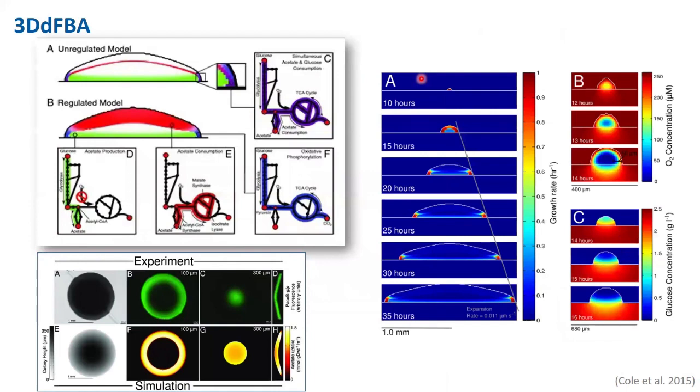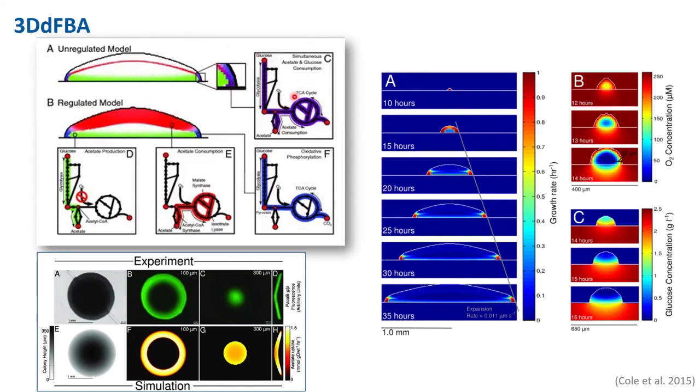For example, in this paper, what you can see in these simulations is how a biofilm forms layers, and how different metabolic strategies are better fit for different parts of these biofilm layers.